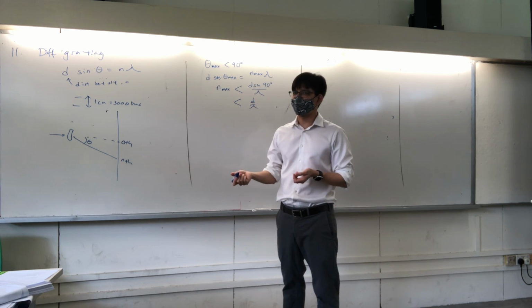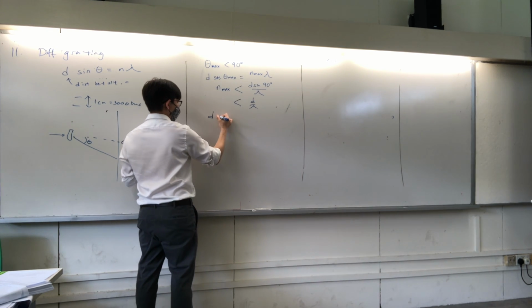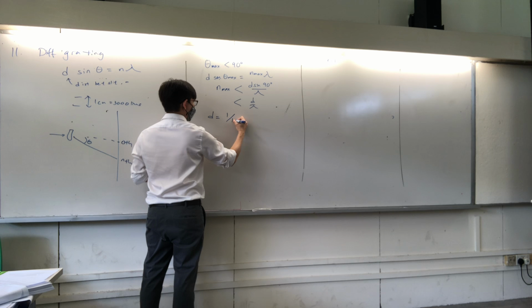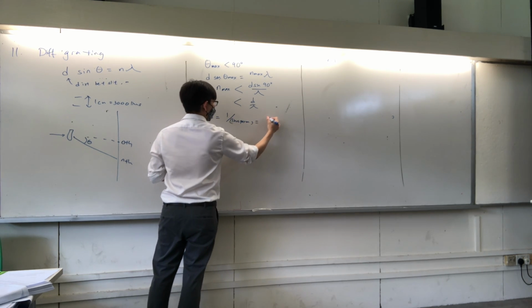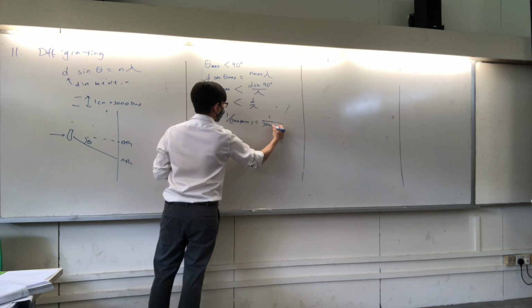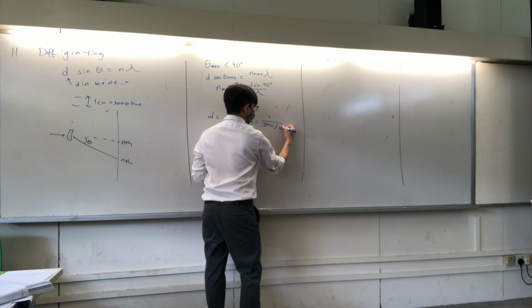But I don't have d and I don't have lambda, so I'm going to need to work them out. So let's find d. d is 1 over lines per meter. So 1 over 3000, but that one is per cm, so I put per 10 to the minus 2.